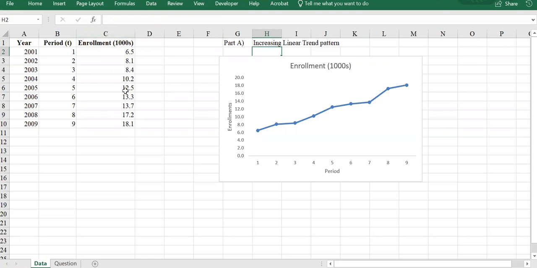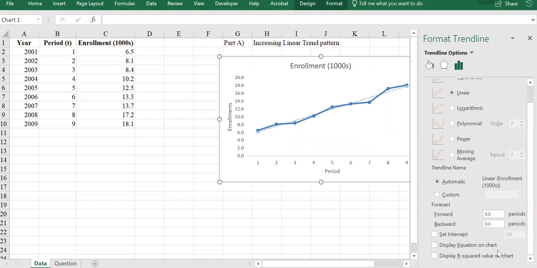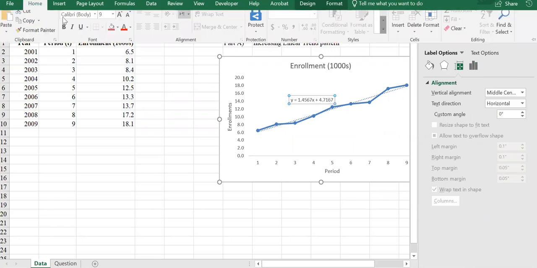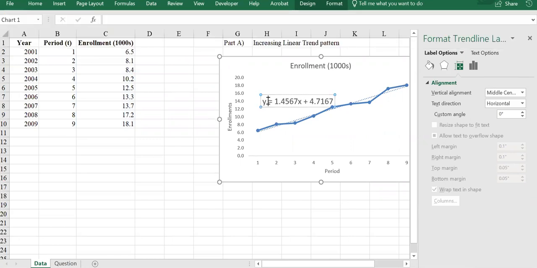In this time series, enrollment. For part B, it asks us to find the equation. So we just need to add the trend line and get the equation. So we go ahead and find the equation, y hat equals slope times period plus the intercept.